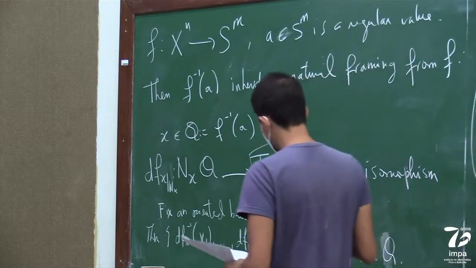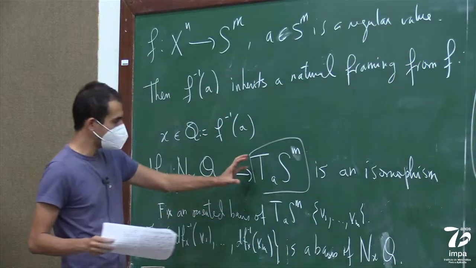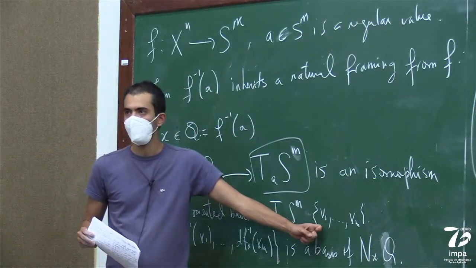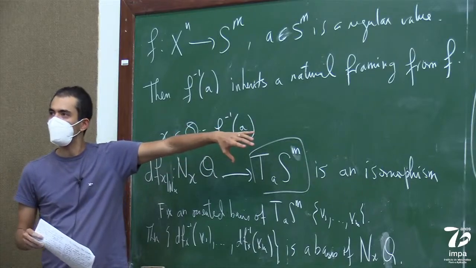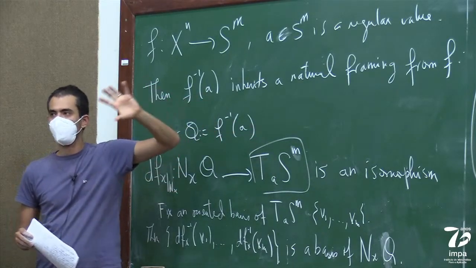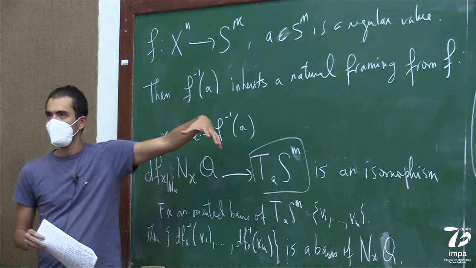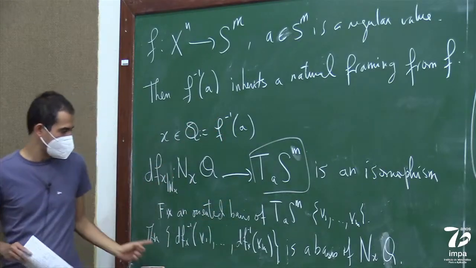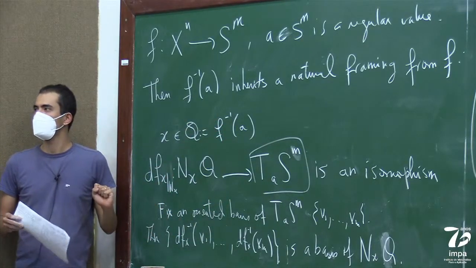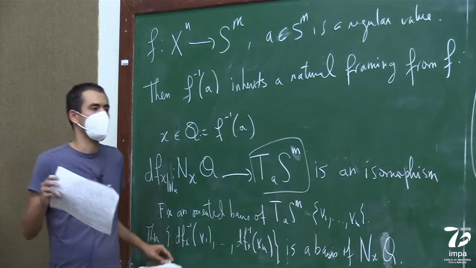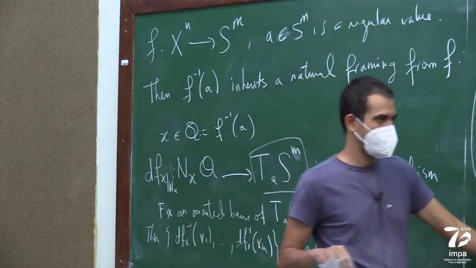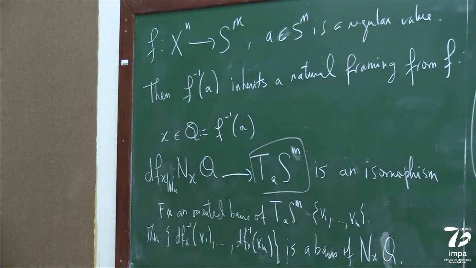And the other thing to realize is if I change my basis of SM to another oriented basis, then I have a homotopy of bases, or an isotopy of bases. And that's going to induce an isotopy of framings. So in the framing world, these are the same framings, because usually we think of the framing as a trivialization up to isotopy.